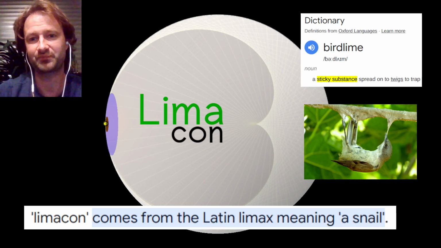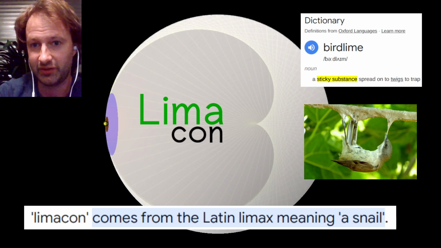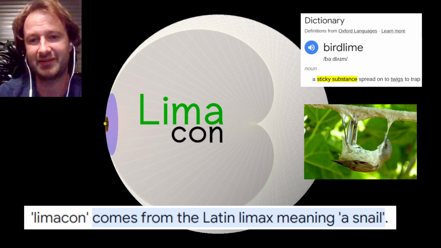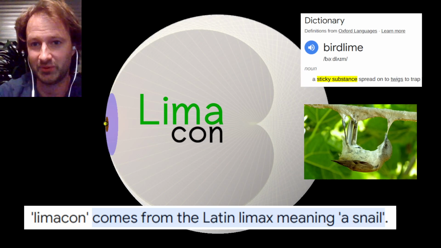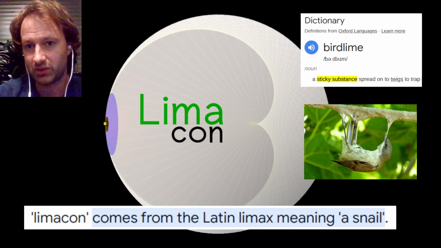So this is the idea of a church. A church, the light goes into the church. As I mentioned sometime before, the church itself is a pinhole camera, and the light is supposed to go into the church, and in the same way lime is the church, so light goes in there and it becomes a limacon inside of the eye.